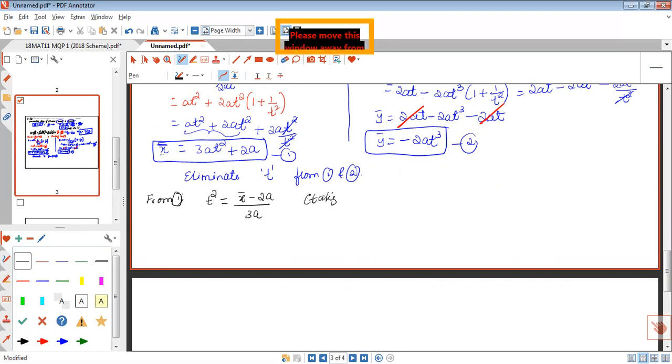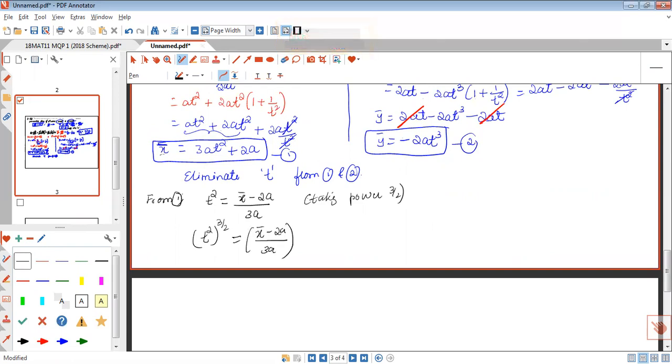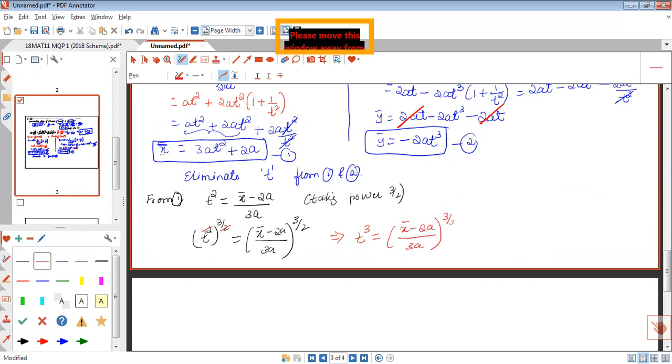Raising power 3 by 2, we will get t square to the power 3 by 2, okay, equal to x bar minus 2a divided by 3a to the power 3 by 2. So here square root cancel. You will get t cube as x bar minus 2a divided by 3a to the power 3 by 2.